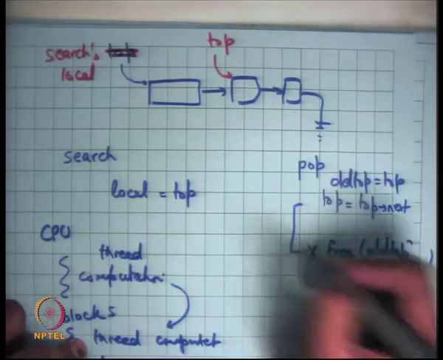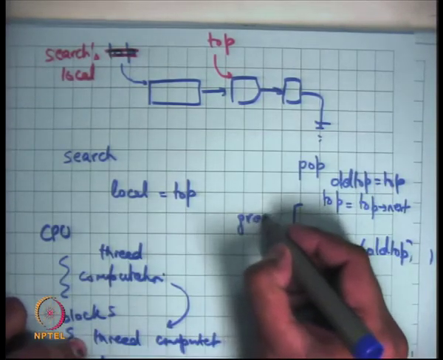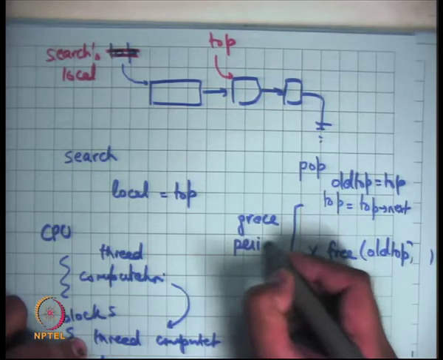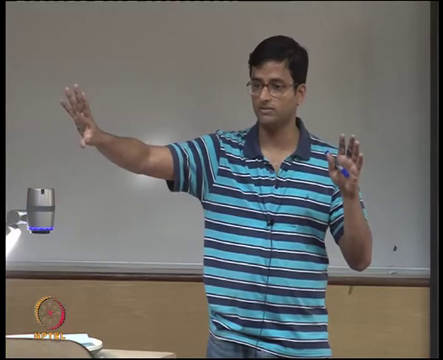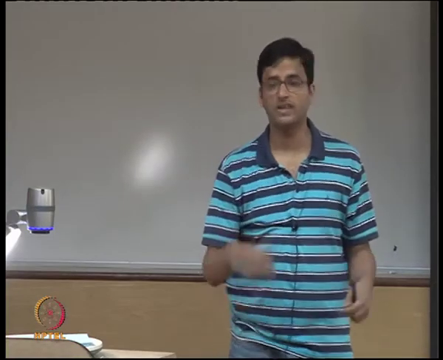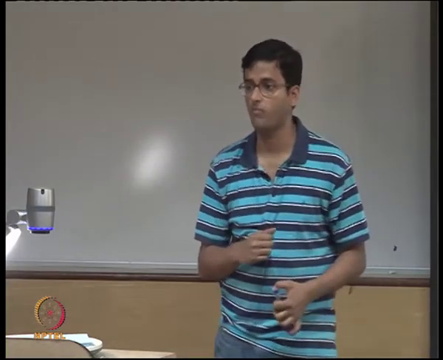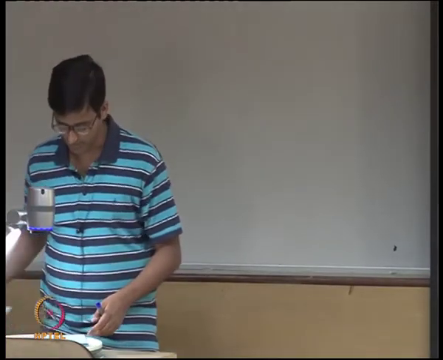So this period where you wait is called the grace period, and it depends on the system how you implement the grace period. On something like the Linux kernel, you could wait for all the other CPUs to do a context switch before you can be sure that I can free old top after that. Okay. All right.